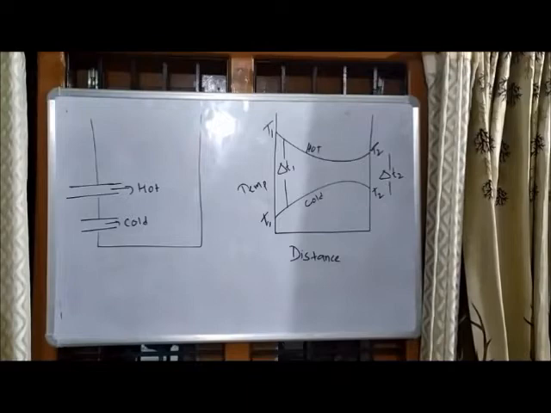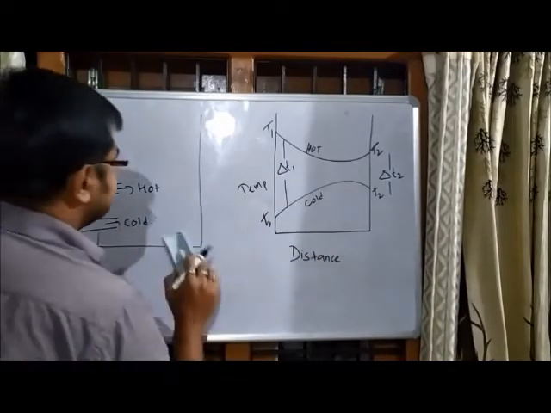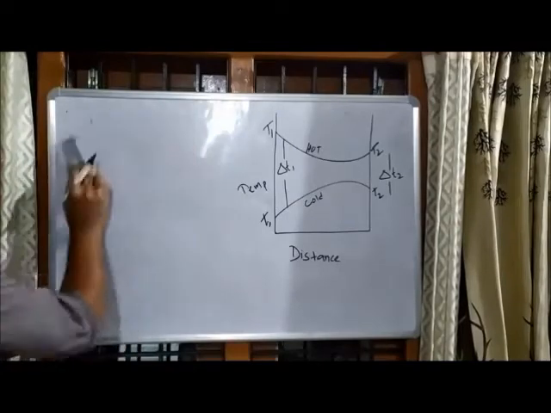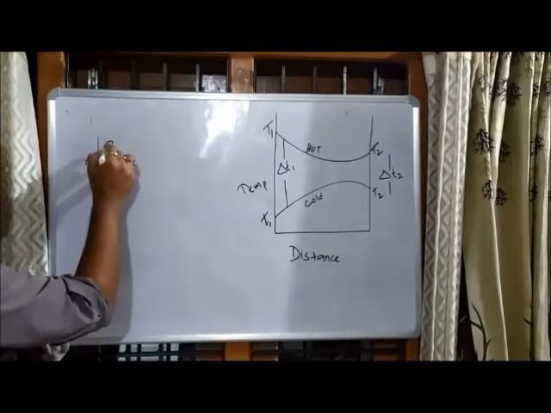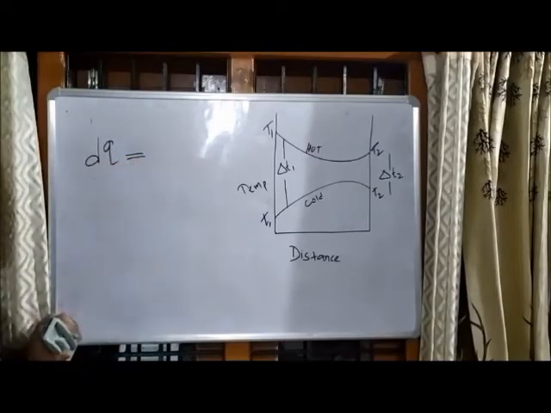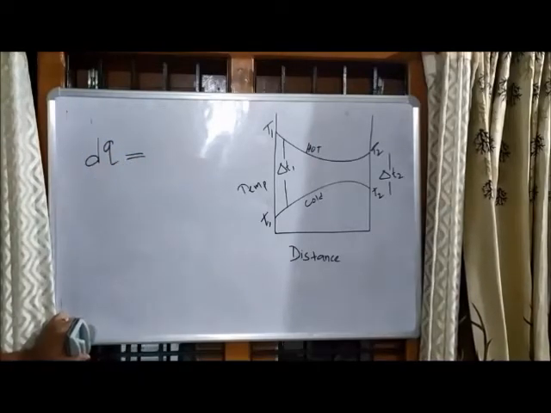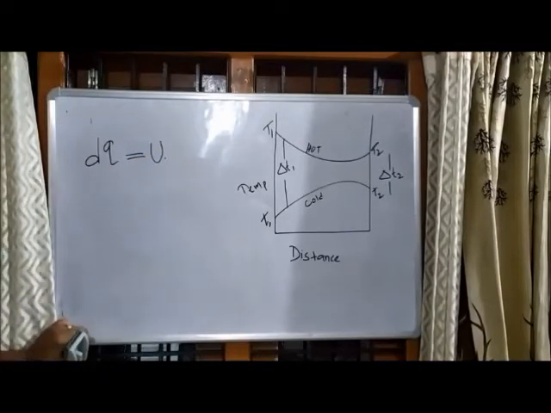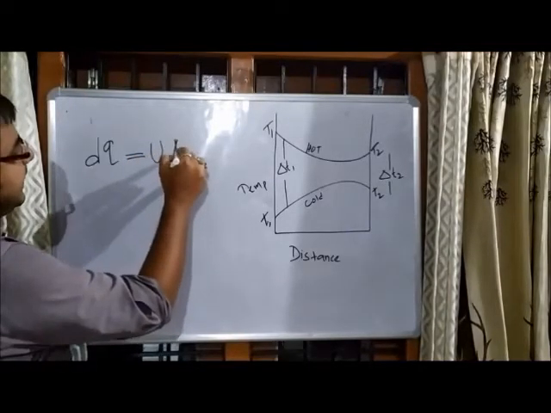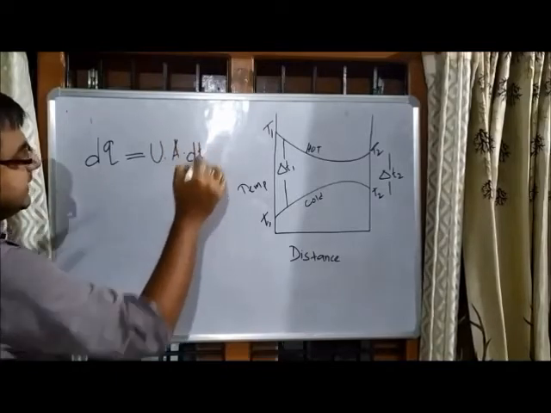So the heat transfer in this parallel flow can be depicted simply by an equation: dQ is equal to U dot A dot dT.